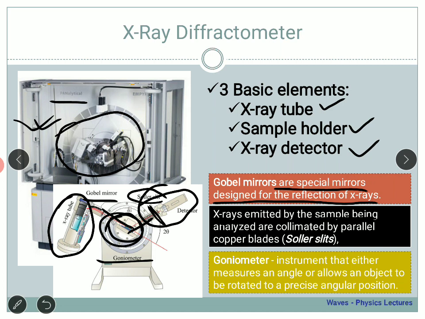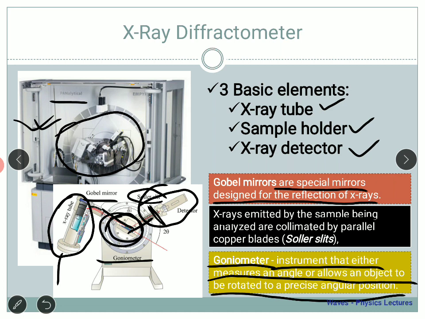Okay, this entire setup including the detector, the sample holder, and the X-ray tube is known as the goniometer. This basically is nothing but the instrument that either measures an angle or allows an object to be rotated to a precise angular position. Now you see the setup is such that I can rotate the X-ray tube, I can also rotate the Soller slit.